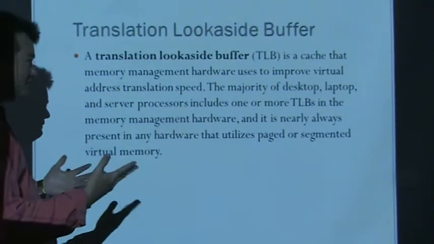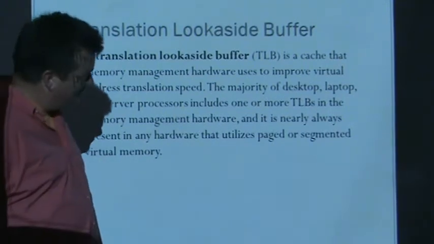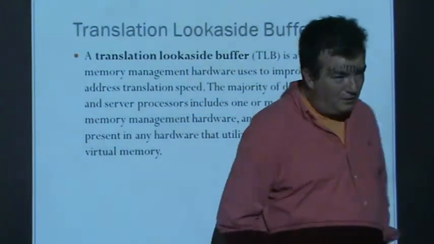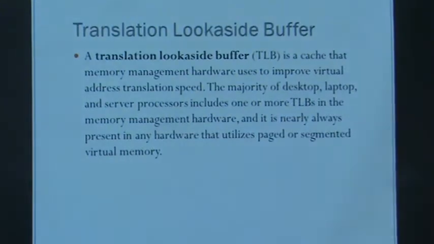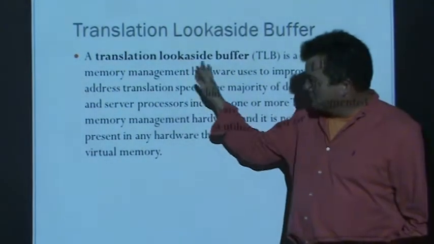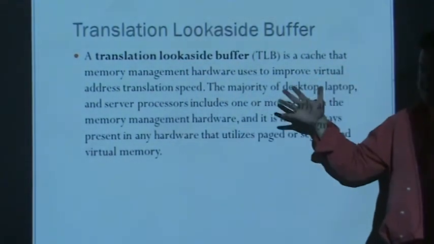And then this topic kind of turns into, depending on which textbook you read, a piece of hardware we talk about in computer architecture called a translation look-aside buffer, which is basically a cache.